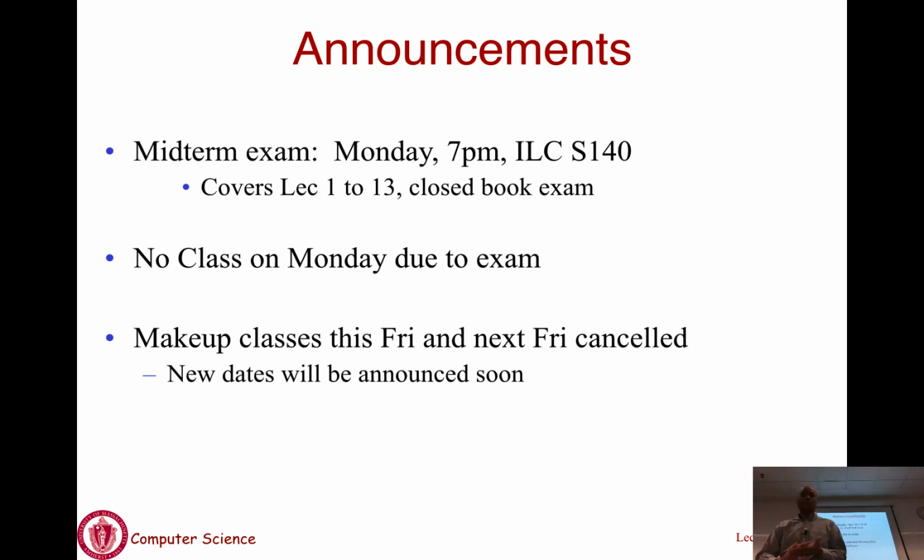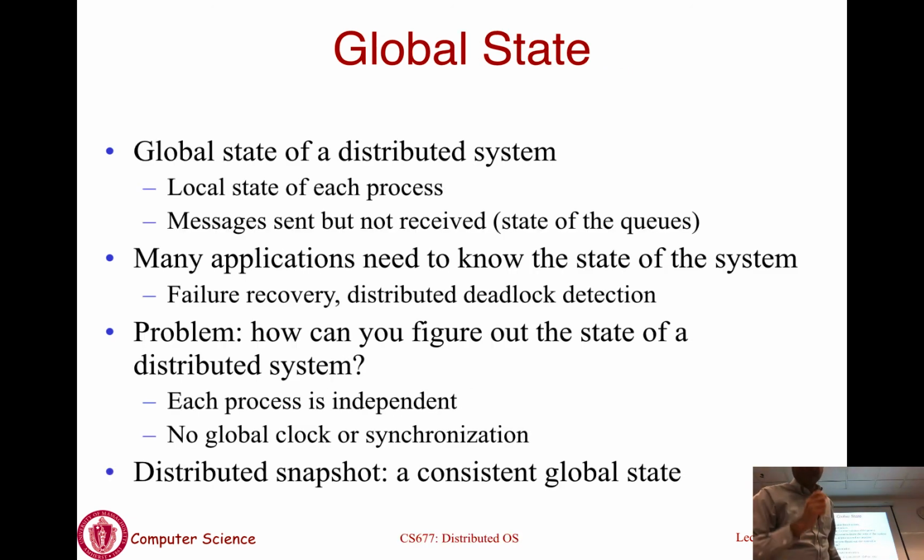All right. So, let us get the lecture going. This is a quick recap from last time. We were looking at an algorithm to capture the global state of a distributed system. The global state is defined as the local state of each process and the set of all the messages that are in transit.